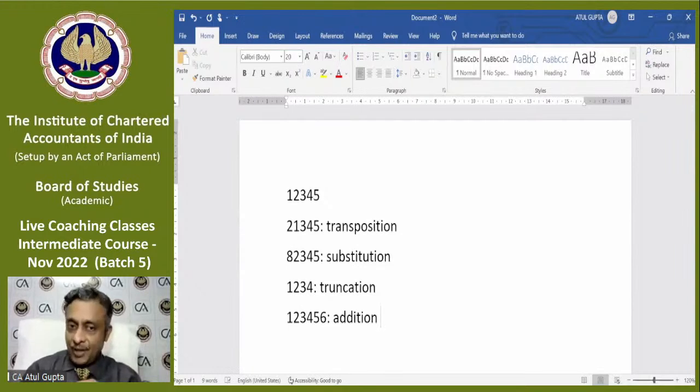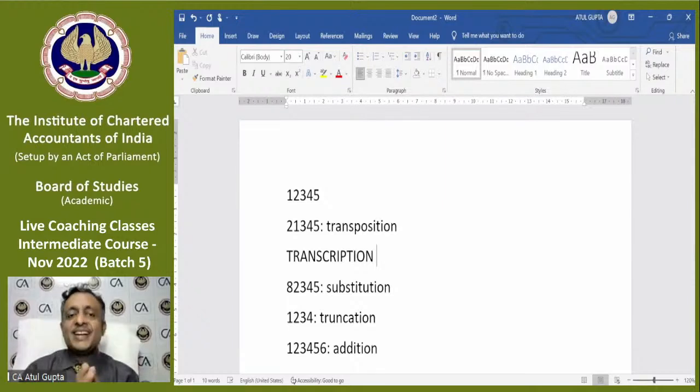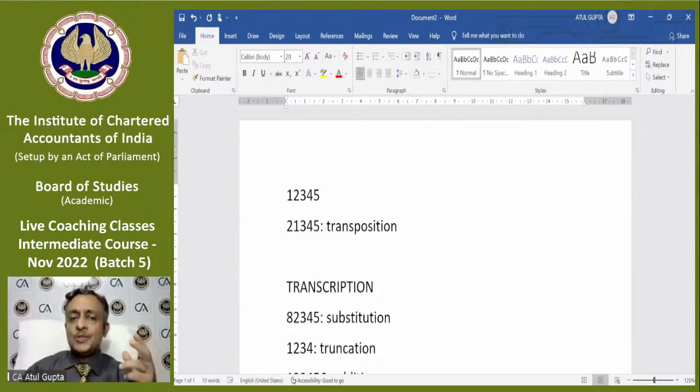this is addition. Okay. The bottom three are part of the same category of mistake, which I call transcription. Transposition and transcription. Within transcription, I can have substitution, truncation, or addition. Transposition is replacing the digits. So I can have single transposition.